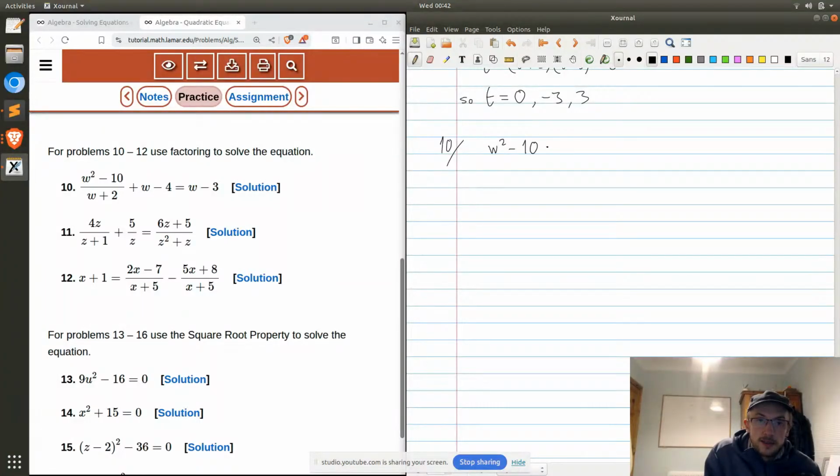So w squared minus 10 is equal to w plus 2. And then w squared minus w minus 12 is equal to 0. So w minus 4 times w plus 3 is equal to 0. So w is equal to negative 3 or 4, just like that.